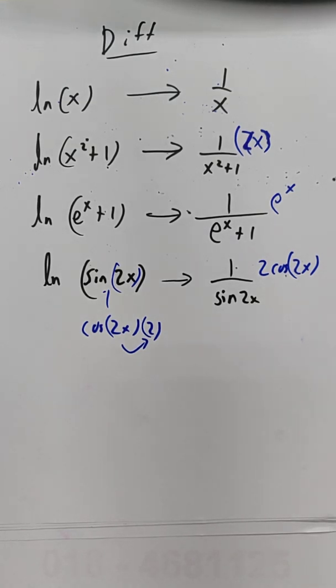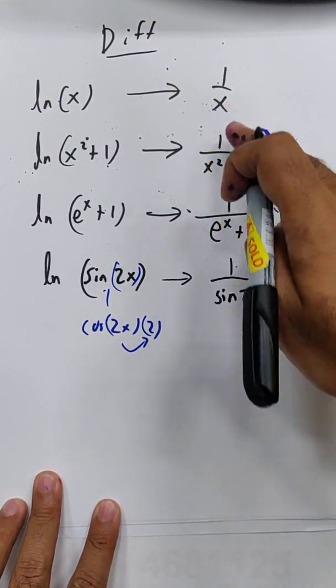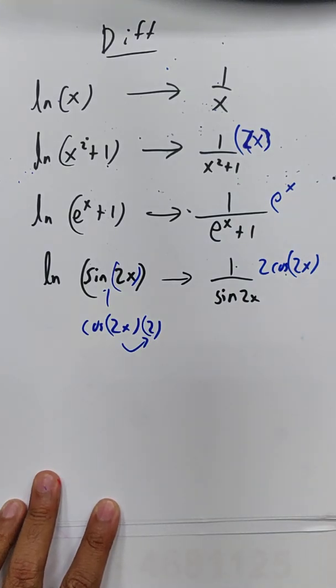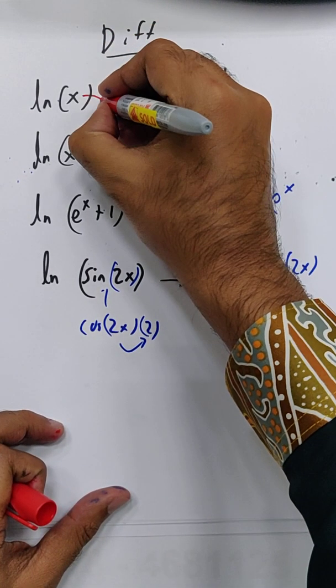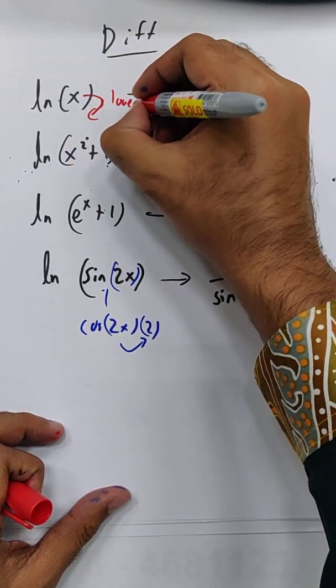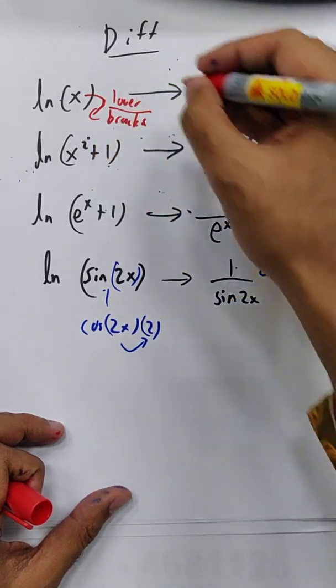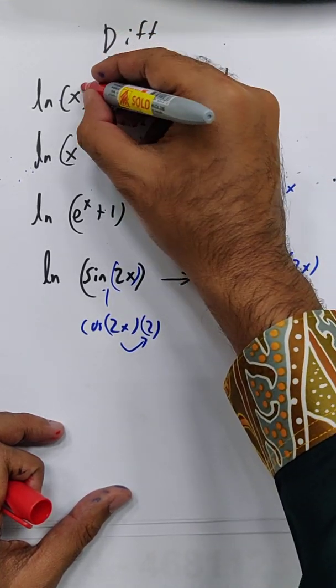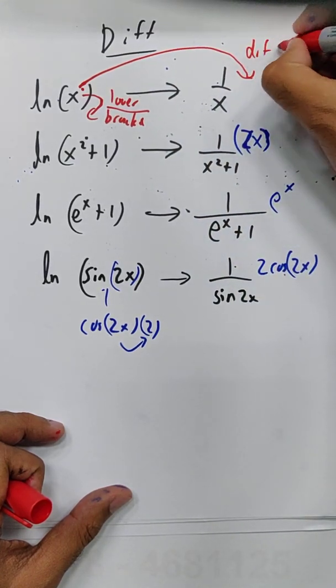Okay, for those who missed it just now, just transfer down whatever is in your bracket. One over bracket, and then you diff the bracket.